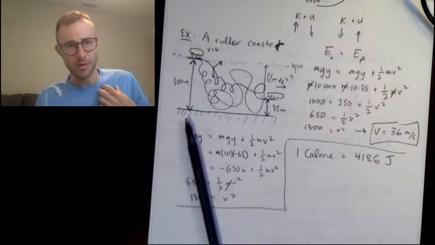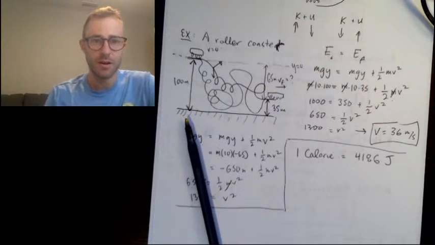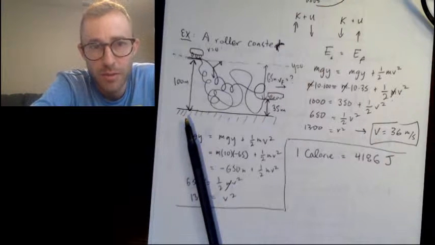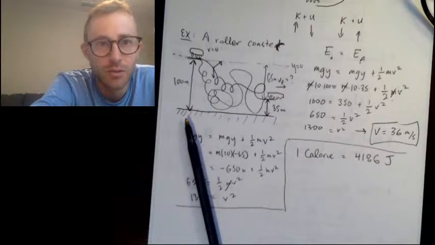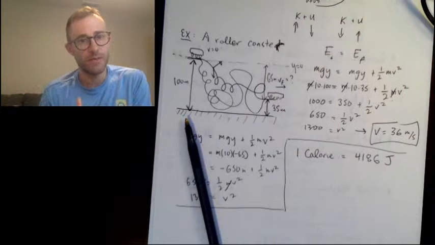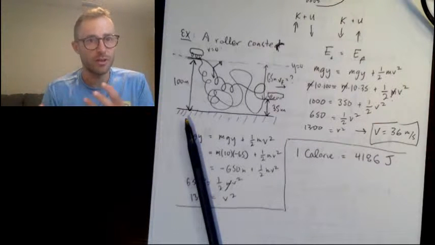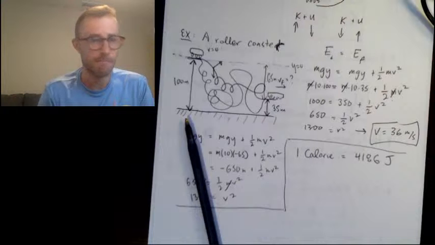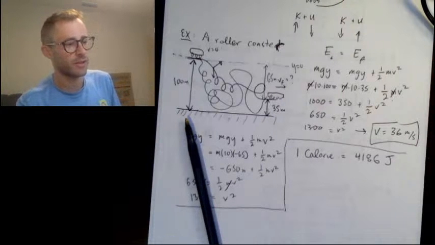Now, if the food that you're putting into your body has more chemical potential energy than you need, your body will store that chemical potential energy in the form of fat. So really, it's all about energy conservation. Okay. So I think that's kind of interesting.